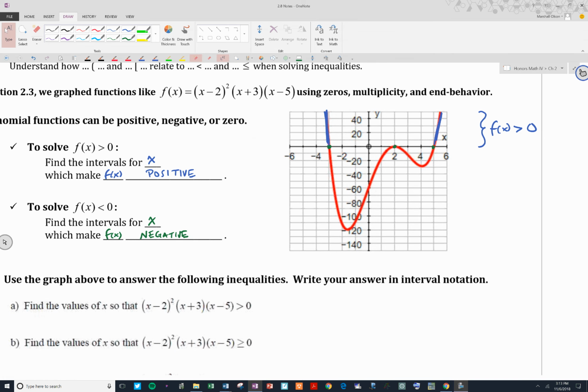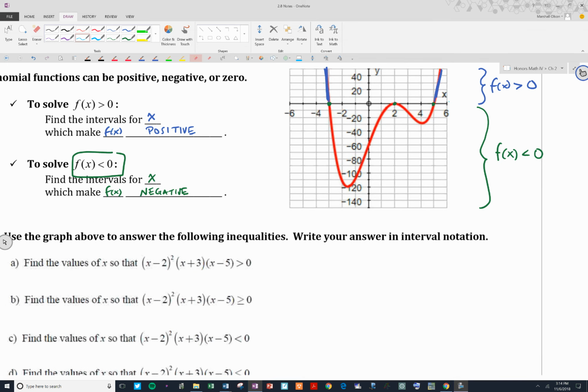Where we want f of x to be less than 0, when we're solving for x there, we're looking for when is the function below the x-axis? When is the function negative? So that would be obviously dealing with this part of the graph here, but not at that 2 because it's equal to 0 at that 2 right there.